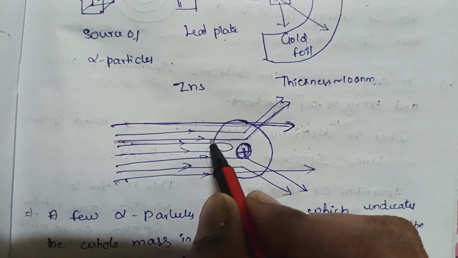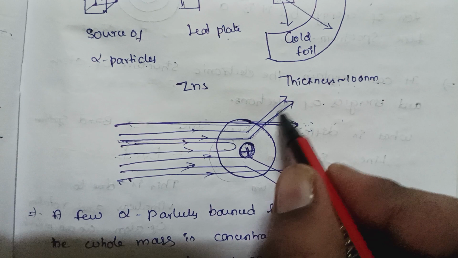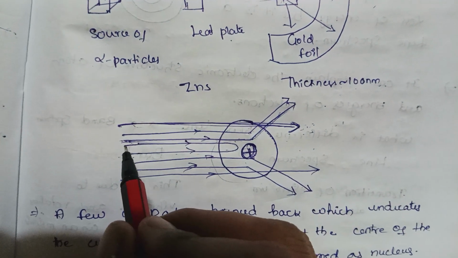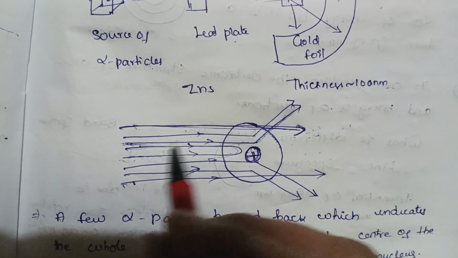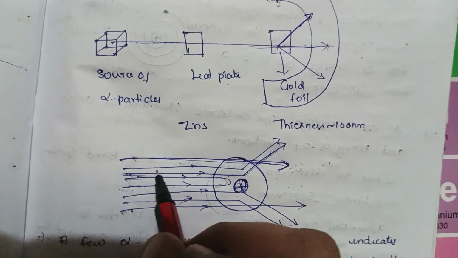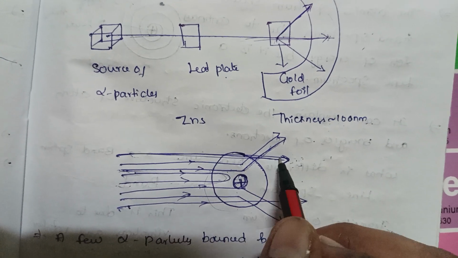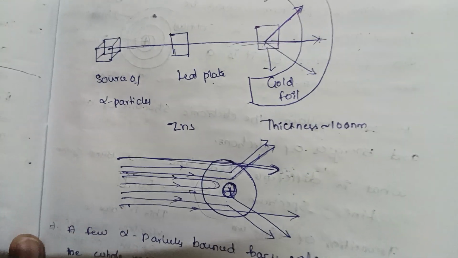Due to that, alpha rays are deflected in the opposite direction, and some of the alpha particles bounce back, meaning they return. About 90% of the alpha particles go in a straight line without any deflection. Based on these three observations, he gave three conclusions.